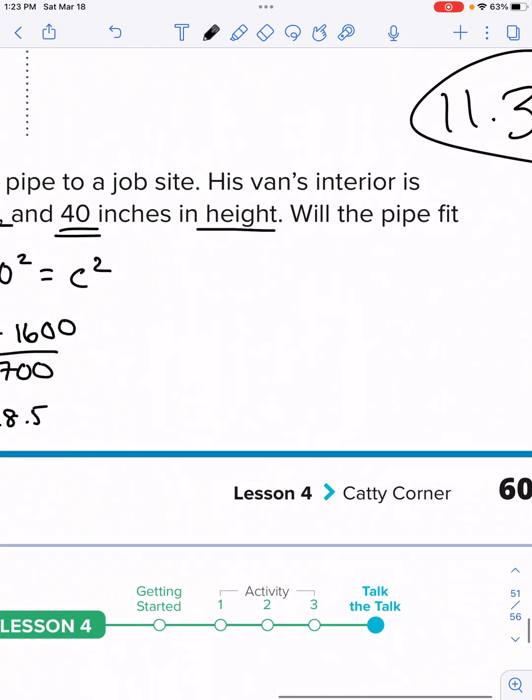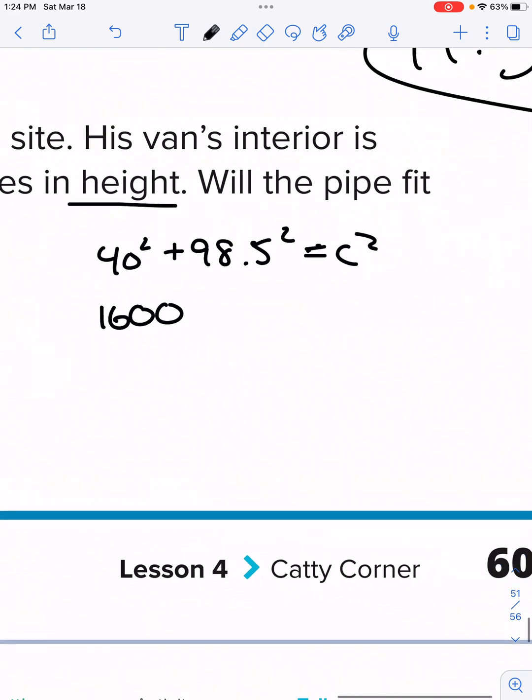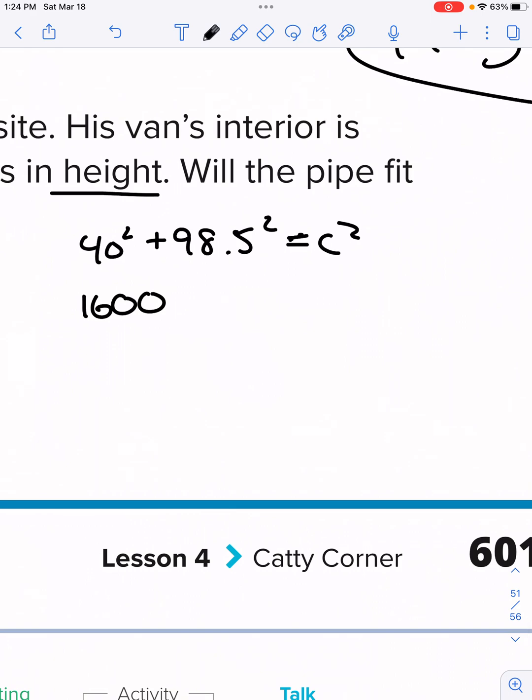40 squared plus 98.5 squared equal to c squared. 40 squared, that we just did on the last one, is 1,600. 98.5 squared, I mean, we actually technically did that in the past. It's actually this number right here, 9,700. But let's just go and plug in 98.5 times 98.5.